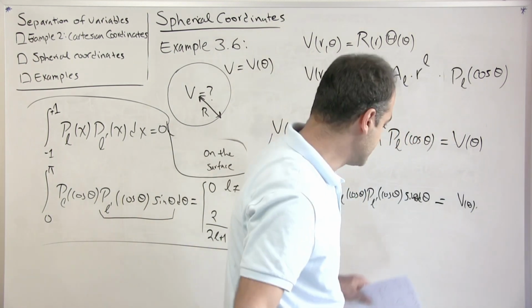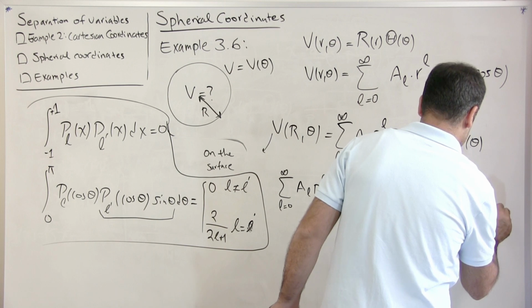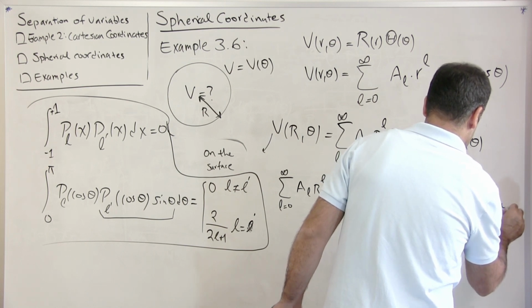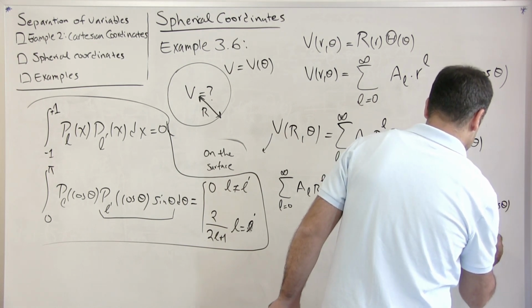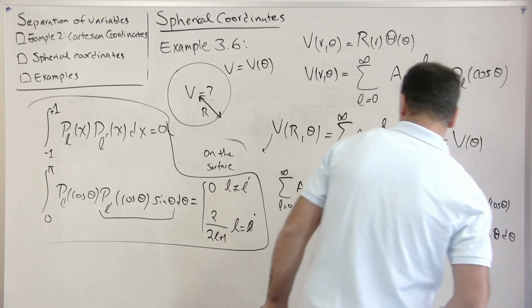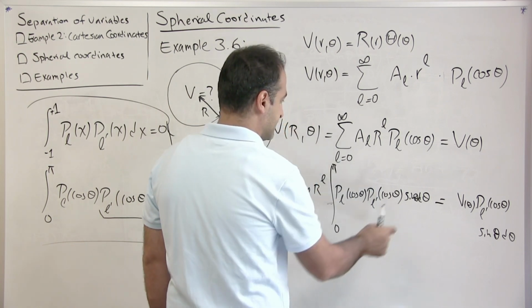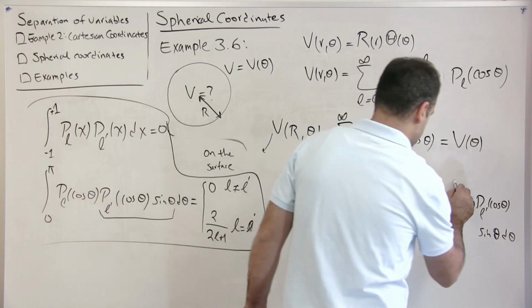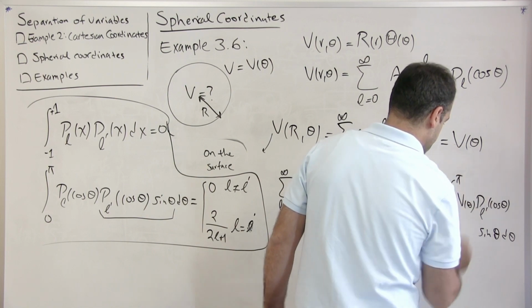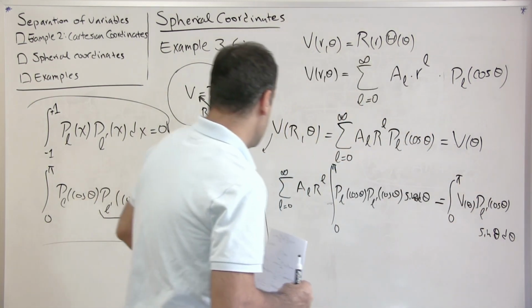I'm trying hard to squeeze everything in one line. I'm going to integrate that from 0 to pi, and the same on the other side, from 0 to pi. The integral is over d theta, so I continue to the second line.